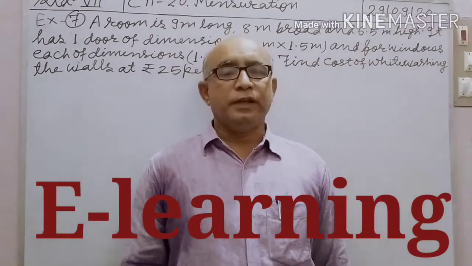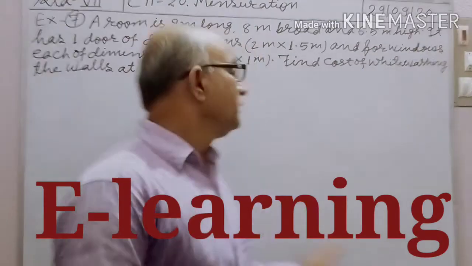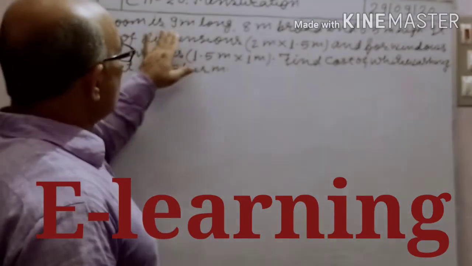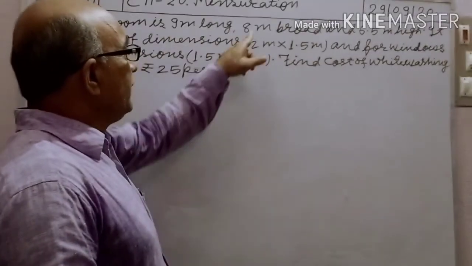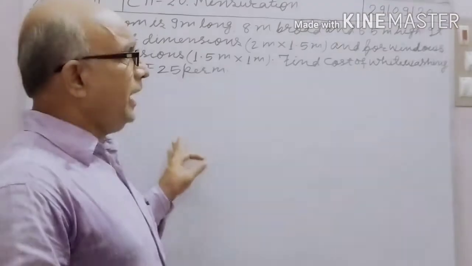Students, next question is question number 7. Example 7. In this question, a room is 9 meter long, 8 meter broad, and 6.5 meter high.